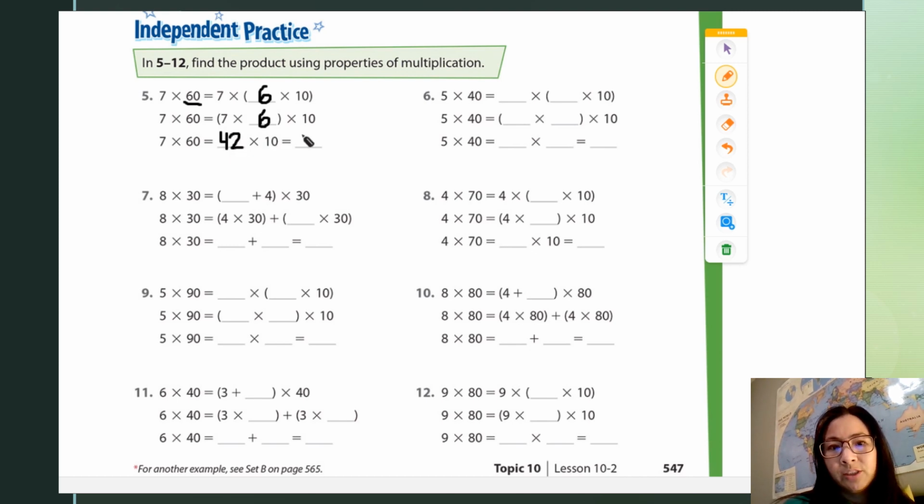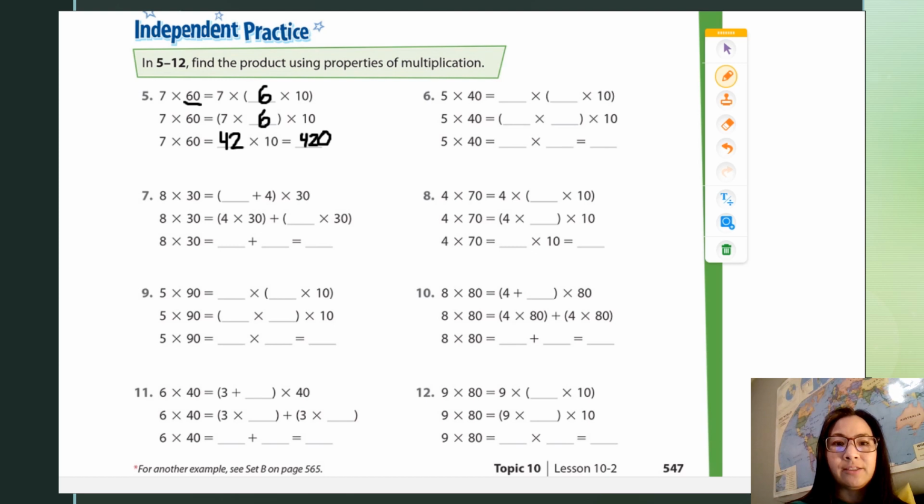If you need to use a multiplication chart, you can. 42 times 10 equals 42 tens, or 420. Okay, so your job is to do the rest of the page. Fill that in for number 5 if you haven't already, and then do 6 through 12.